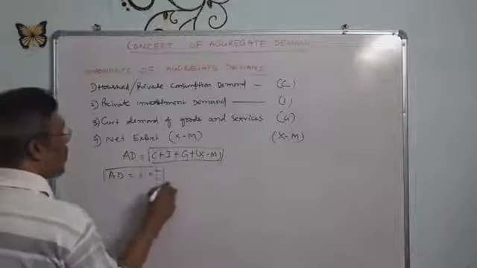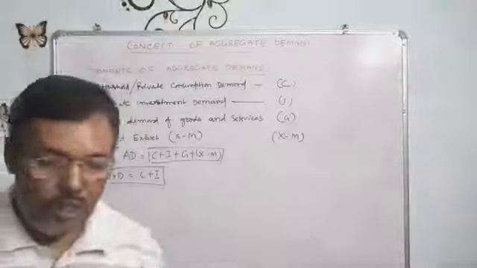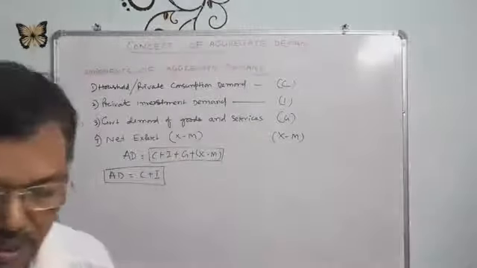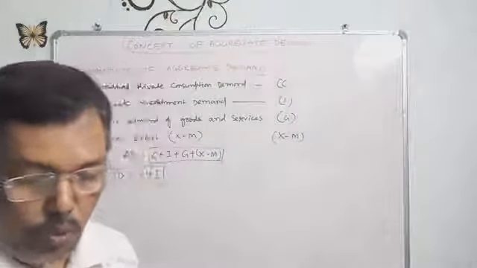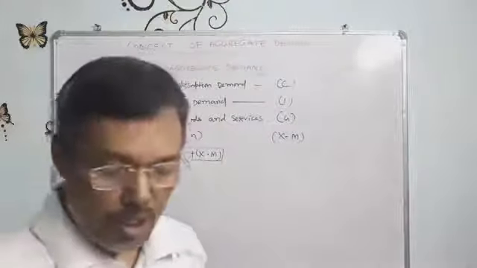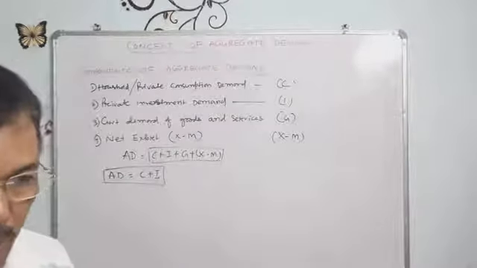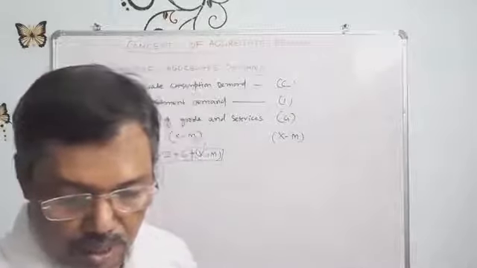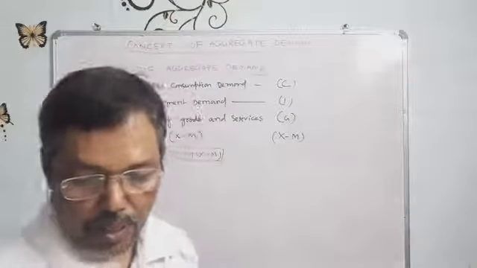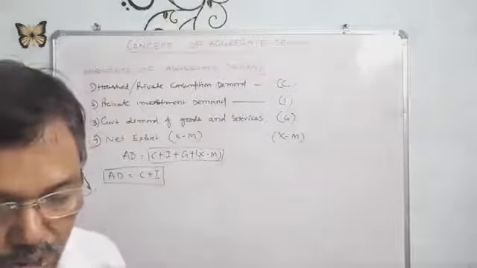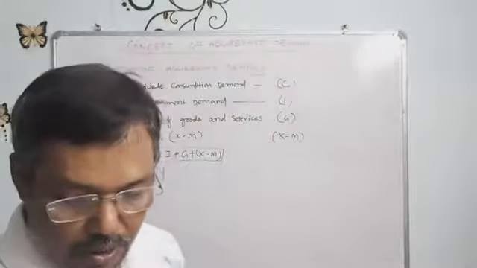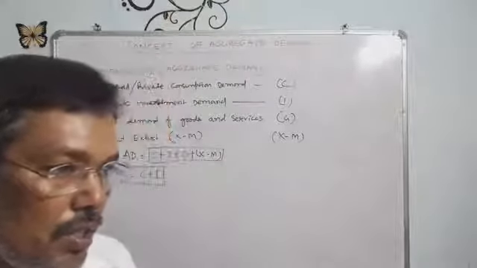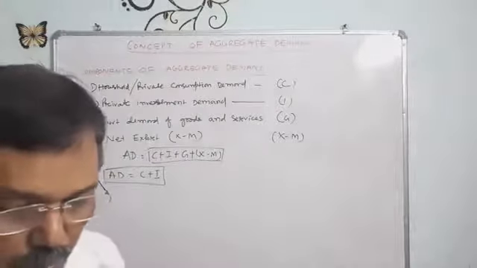So AD equals C plus I. It means aggregate demand is the sum total of two components, household or private consumption and investment, that is C plus I. So AD can be mathematically calculated from consumption demand and investment demand.